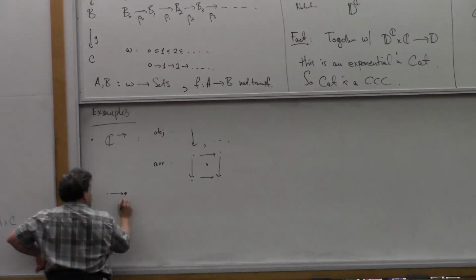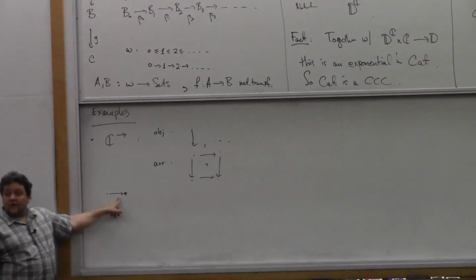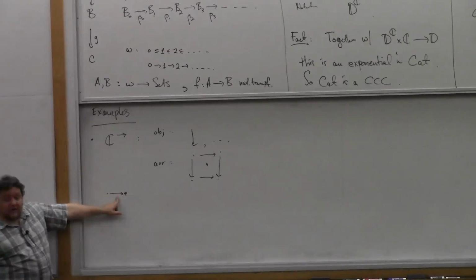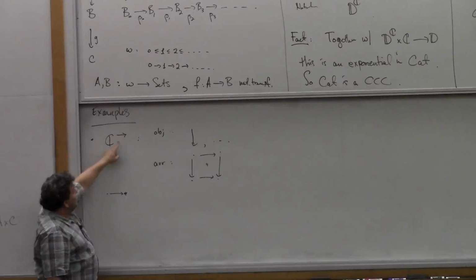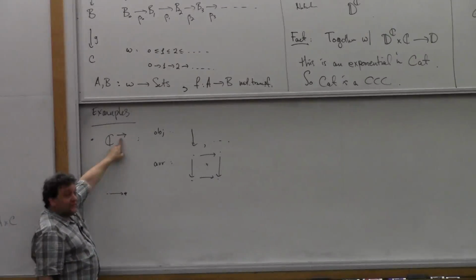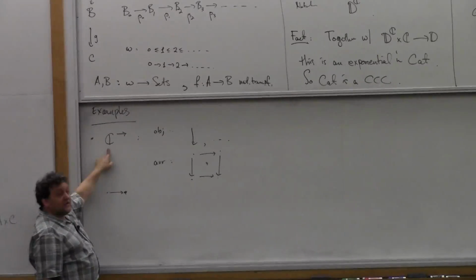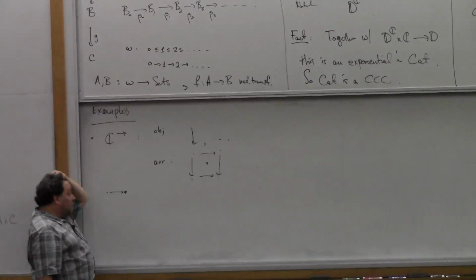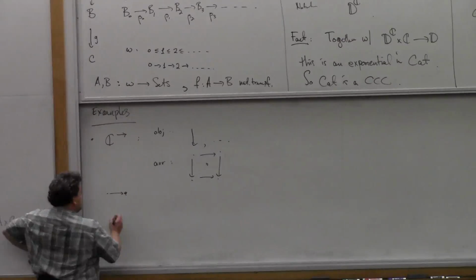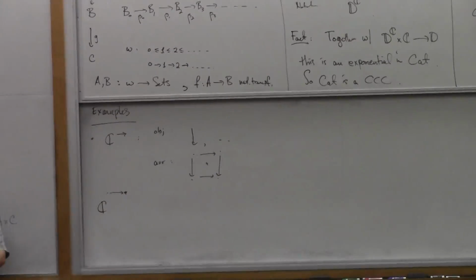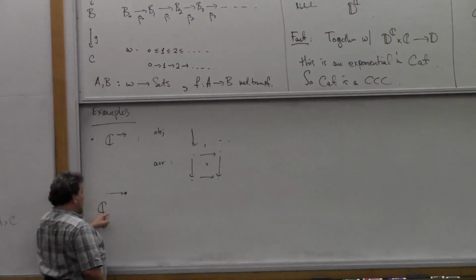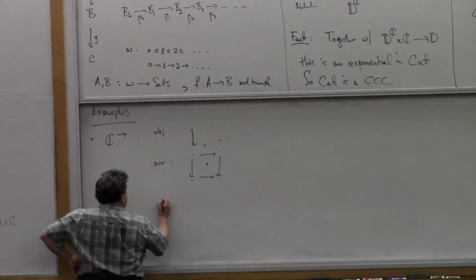Well, let's let this thing be the category that has two objects and one arrow between them. It's a simple finite category. Then we can make the actual functor category from this thing into C. What are the objects in the functor category? C to the thing like that. So the objects in this functor category are going to look like this.